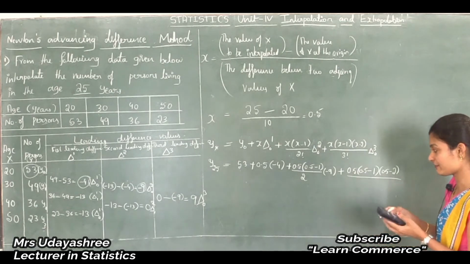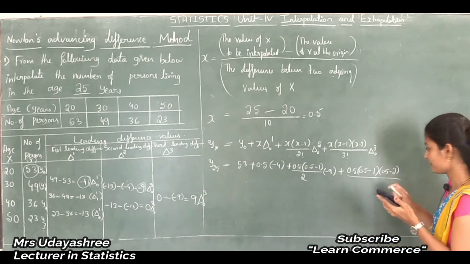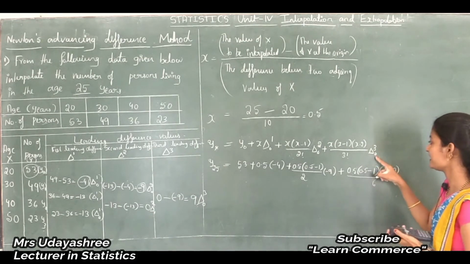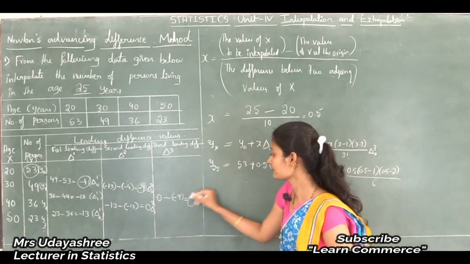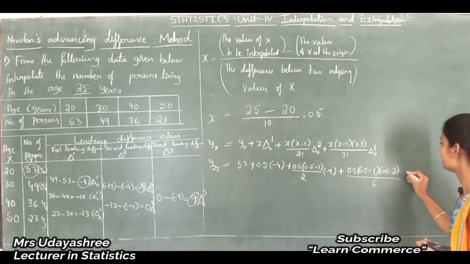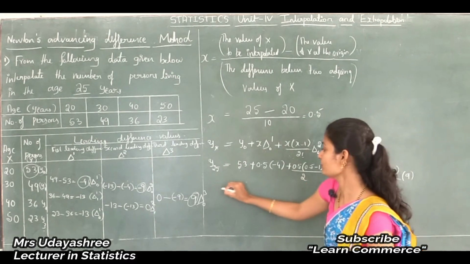Here 3 factorial is 6. Next, delta naught 3 value is 9, so in the place of delta naught 3 I will substitute 9.